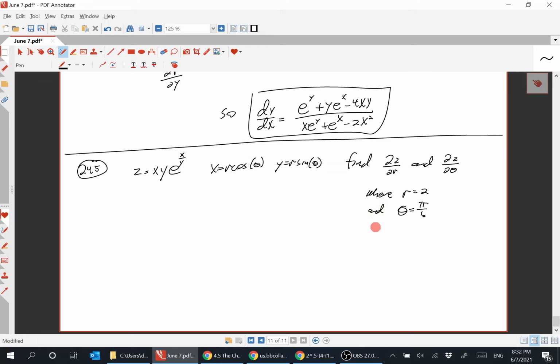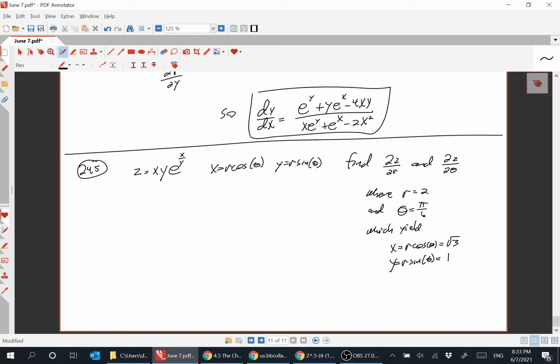But again, you need the x and y as well, because when you use that chain rule, you're going to get dz/dr and dz/dθ in terms of x, y, r, and theta. So which yields x equal to r cosine theta, which is square root 3, and y equals r sine of theta, which is 1.